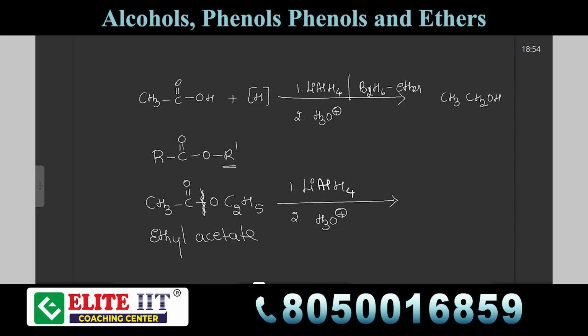We get CH3CH2OH plus C2H5OH, two molecules of ethanol.